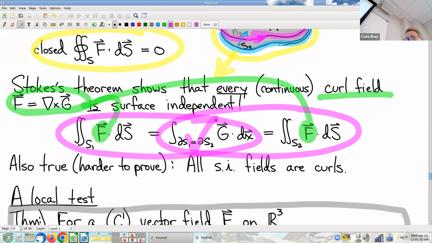In this case, they both have the same shared boundary, and so you get the same boundary line integral, and therefore these two fluxes are always the same. Whenever your vector field is a curl, Stokes' theorem lets you conclude that it is also surface independent.